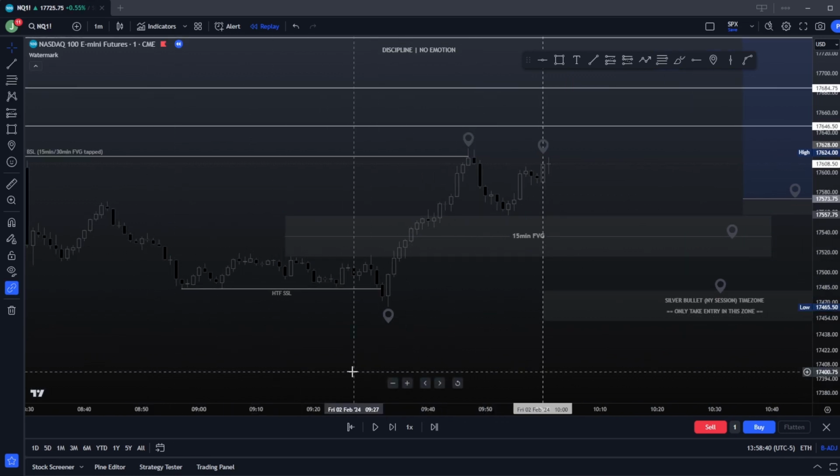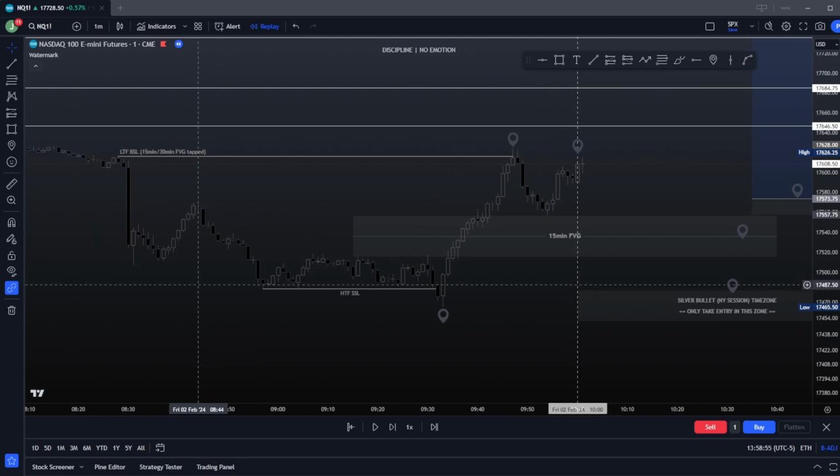Now, because we swept, what's the probability of this strat again? I want to say it's low 70s. It's 70 to 75%, and that's just basing it on these confluences, not basing it on additional confluences that you might have, overlapping other models on top of it.